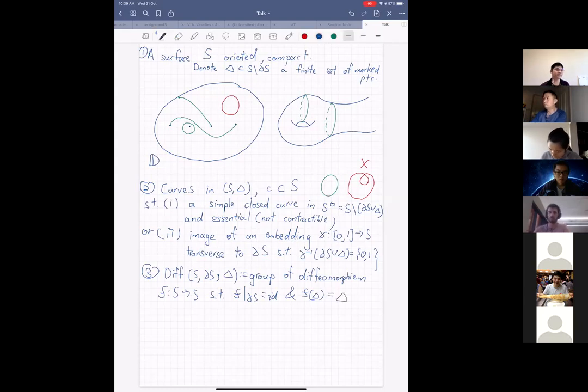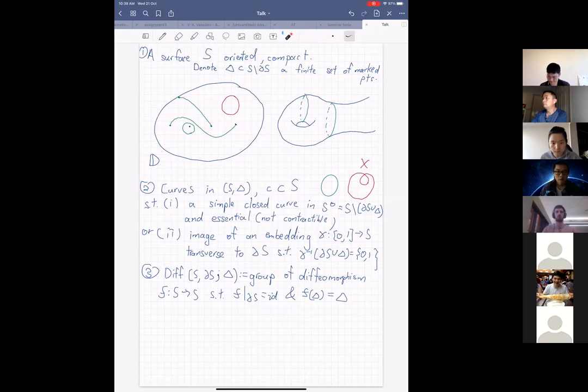You just need to maintain the set of punctures. That means if you swap these two, both of them are still punctures, although they are swapped. So you are allowed to swap these two, or any two of them, three of them, as long as the set of punctures is the same. You can't move your puncture to this place. So this is not allowed.